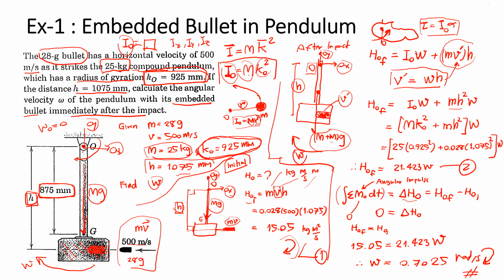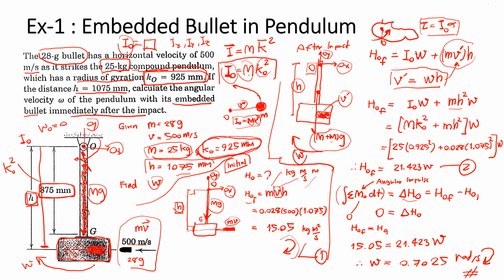But for a complicated shape, if we neglect the mass of this part, we only have the mass in this part. The radius of gyration may extend to somewhere around here, and the I about O is equal to the mass of the pendulum multiplied by the radius of gyration squared.